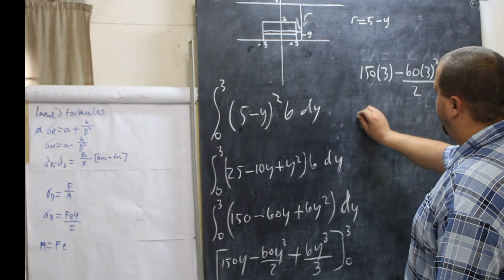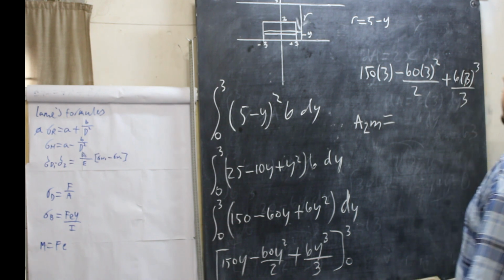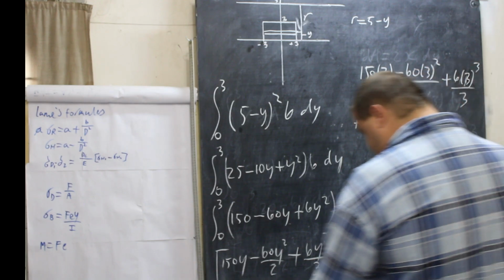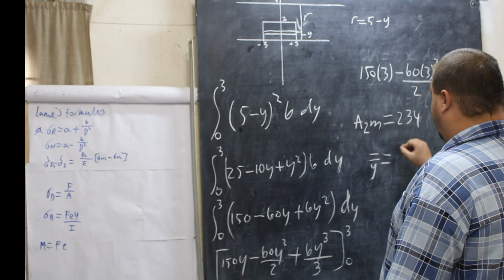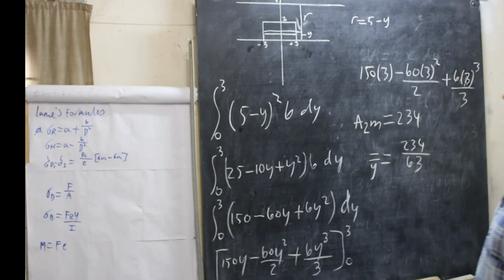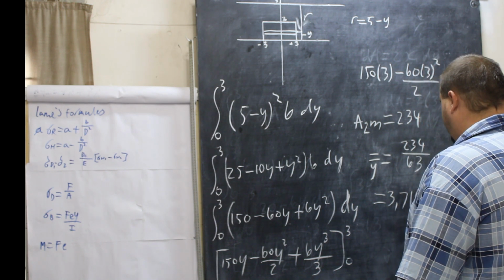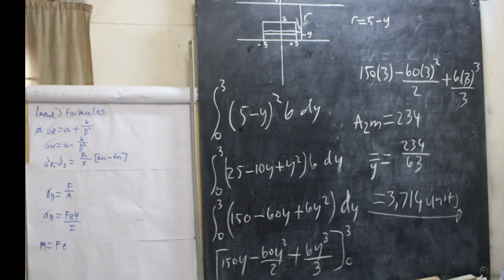Now our second moment of area is equal to 234. So now to calculate our centre of pressure is 234 over 63. So our second area moment over our first area moment. And this equals 3.714 units. And that is our centre of pressure.